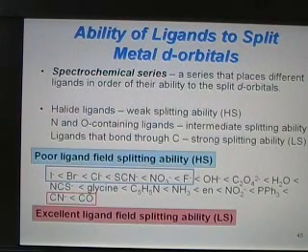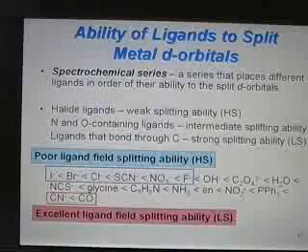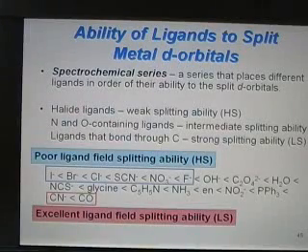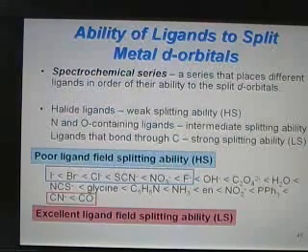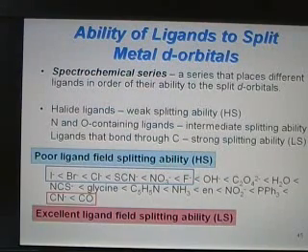So let's take a look now at the ability of ligands to split the metal d orbitals. There's actually an empirical list of how well ligands split the d orbitals, and this list is known as the spectrochemical series.